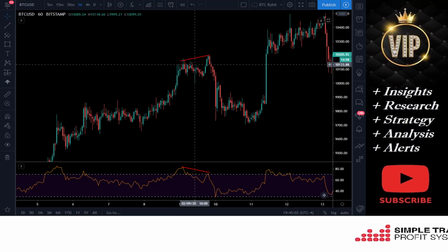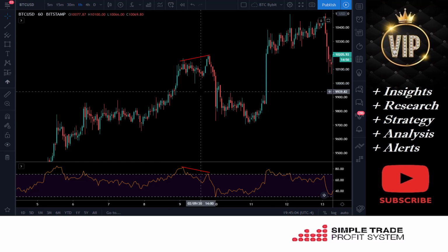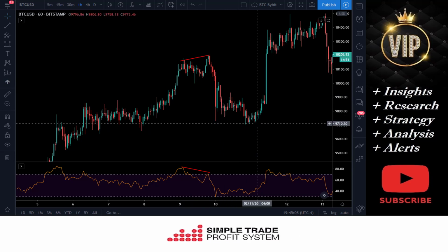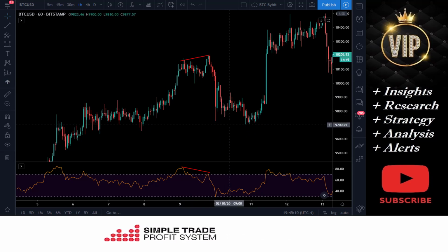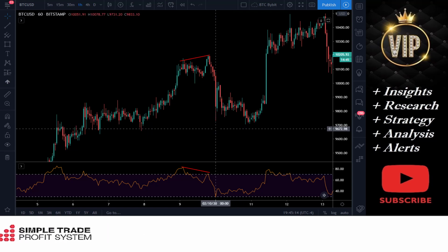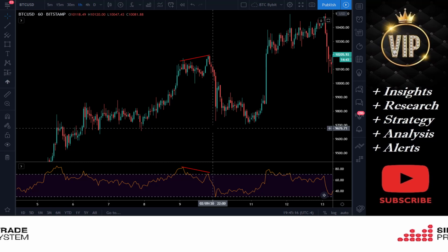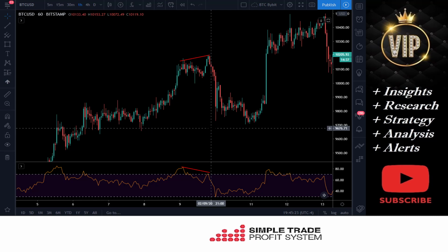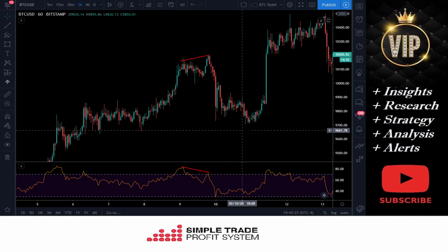So when you can spot these, they're very good to trade, because this one we went from 10,200 down to 9,700. I mean, that's a $500 swing. That's a very good trade. So divergence, very important. All professional traders use it, and it's something you guys should use too.